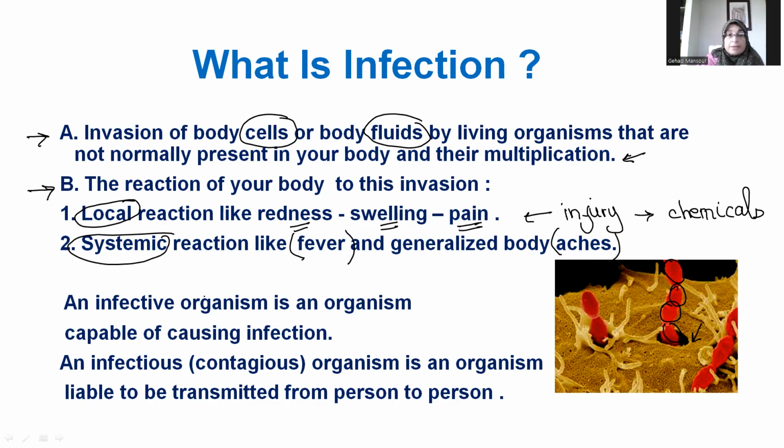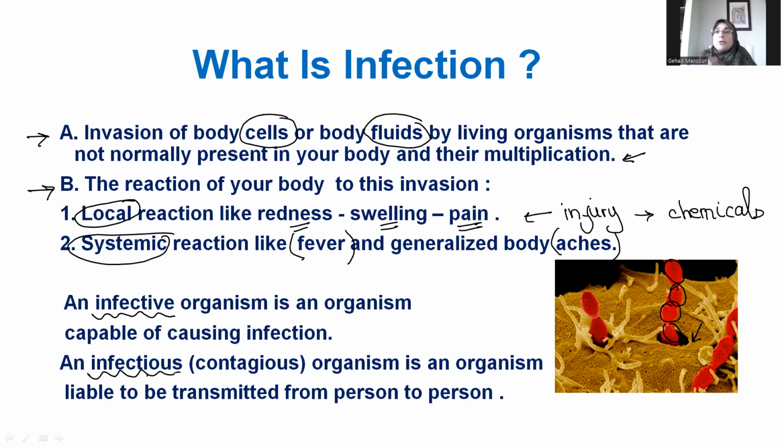There is a slight difference between an infective organism and an infectious organism. When we say that an organism is infective, this just means that the organism is capable of causing infection to a particular individual. But when we say that the organism is infectious, this means that the organism can be transmitted from one individual to another.